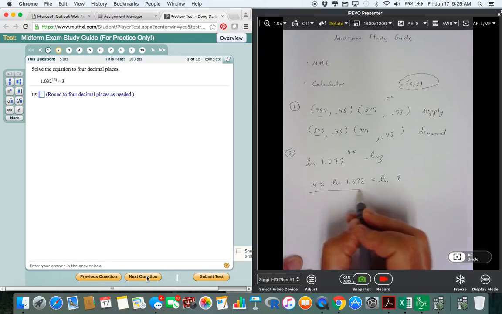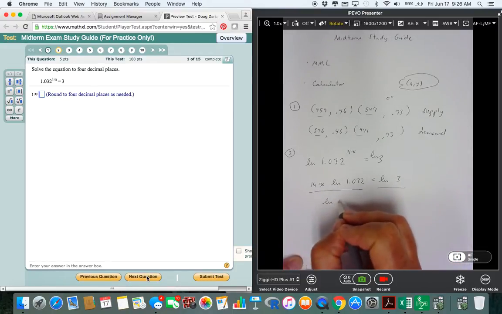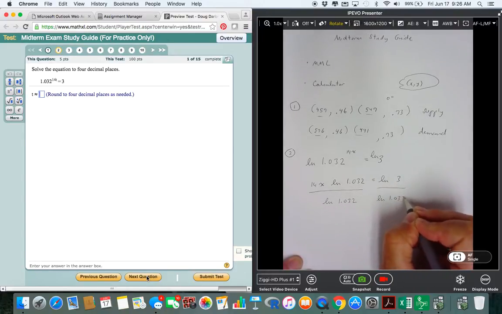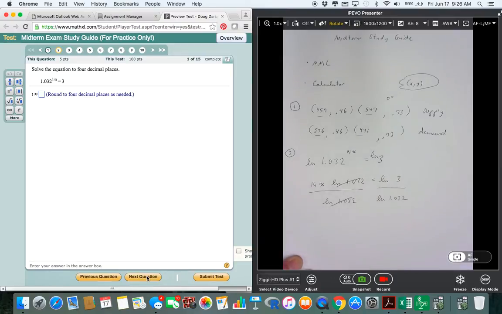Next, I'd divide both sides by the natural log of 1.032. That leaves me with 14x equals the natural log of 3 over the natural log of 1.032.